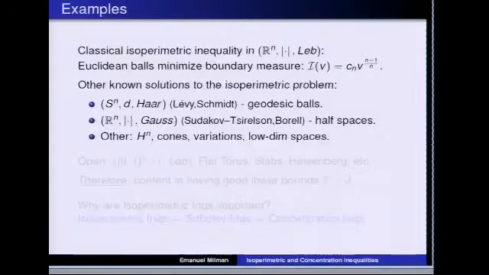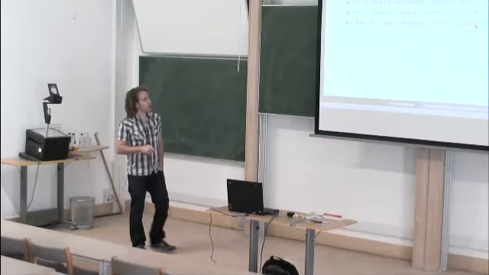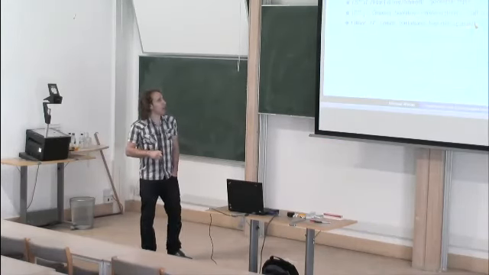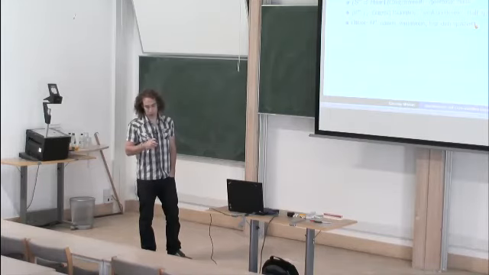Here's another space. In both the other examples, we were using the Haar measure on the space. So here's a space where you use a different measure. So just take usual Euclidean space and endow it with a standard Gaussian measure. Okay, and then it's by now a classical result due to Sudakov and Tsirelson, and also independently Borell from 1970, that in this case, actually, half spaces are minimizers.